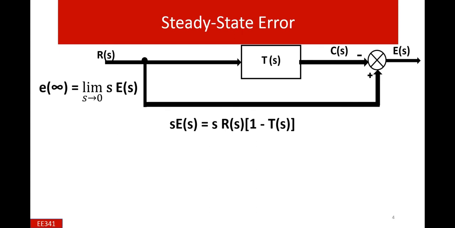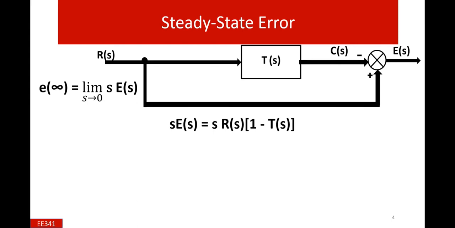The error signal we can find through the difference: the input is added at this junction with a plus sign, and the output of the control value is taken with a negative sign. Then the error signal is equal to the input times 1 minus the closed loop transfer function, and this S is to satisfy the final value theorem.